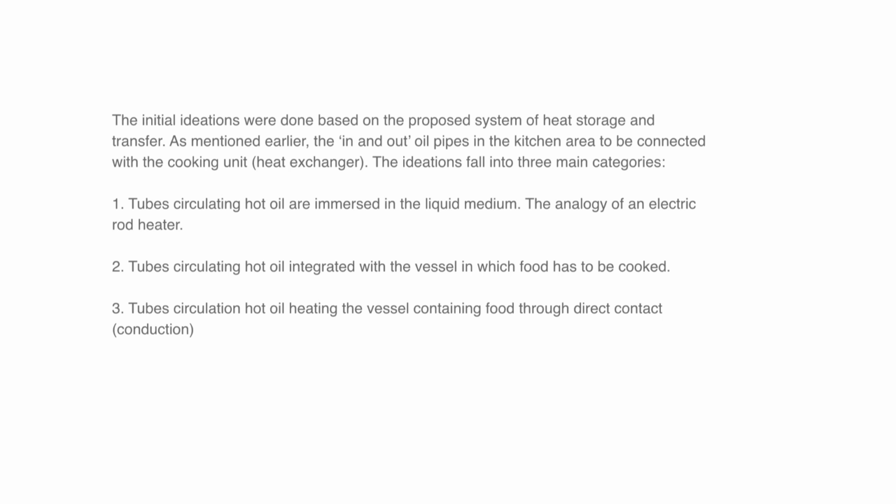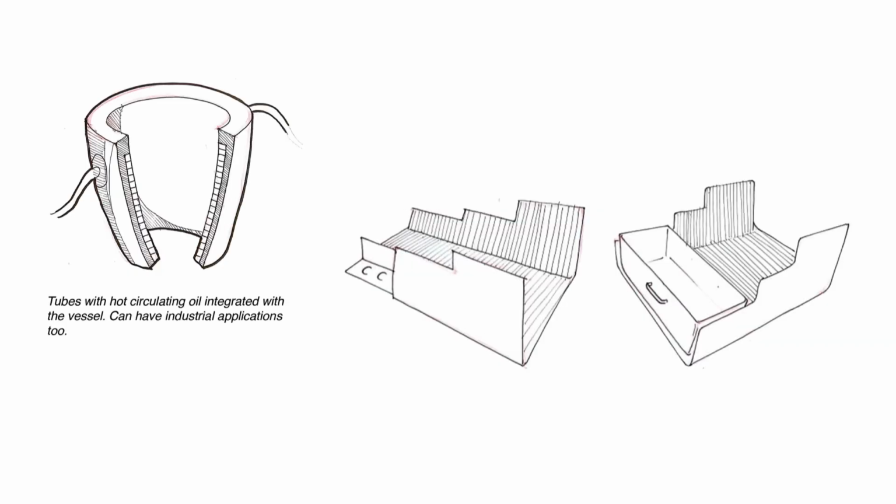So how can you translate it into a system? For example, this is a cross-section: heated oil can come through copper tubes from here, and it will go through this system, and any liquid inside will get heated through the heat exchange between the copper tube and the liquid, and then the hot oil goes outside again.